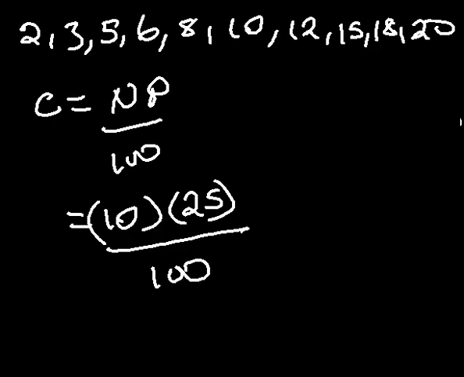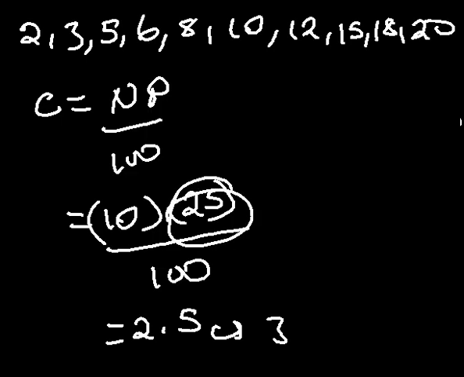So what is 25 times 10 divided by 100? We'll have 2.5. So approximately we'll have 3. So the value corresponding to 25% is 5. So the answer is 5.